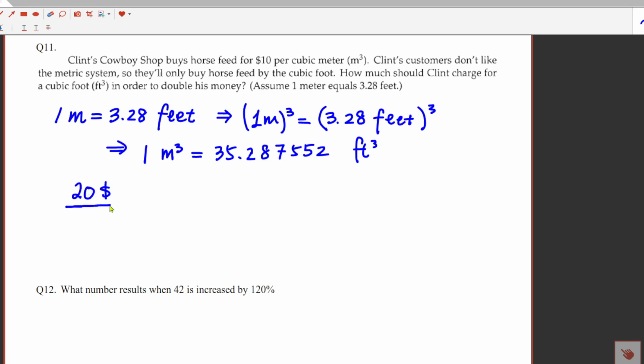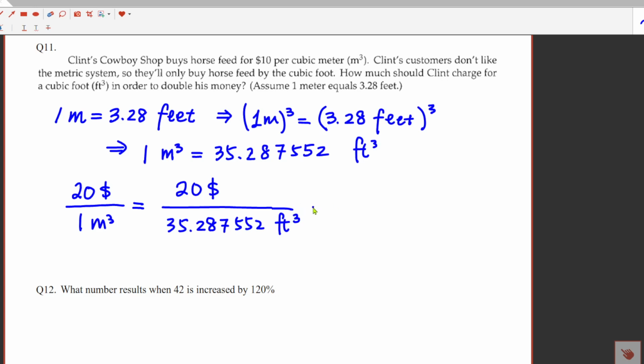And we know that the price is $20 per 1 cubic meter, right? And that's $20 for 35.28752 cubic feet. Therefore, we have the price in dollars per cubic foot. This is approximately $0.57 per cubic foot.